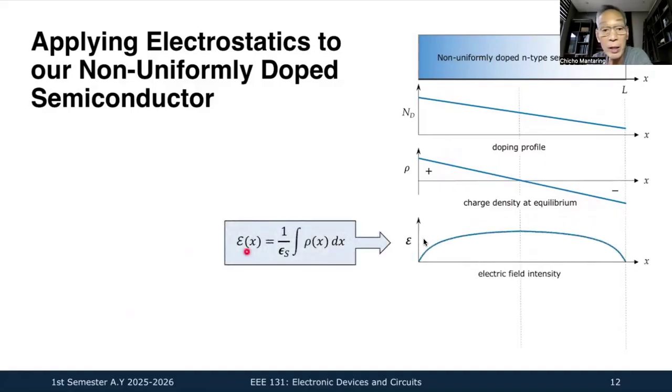This is what your electric field profile along the x-axis will look like. Remember our formula? The electric field intensity profile will just be the area under your charge density curve.